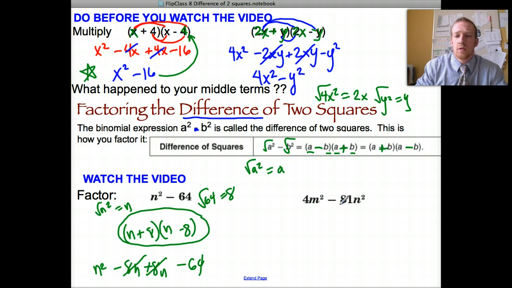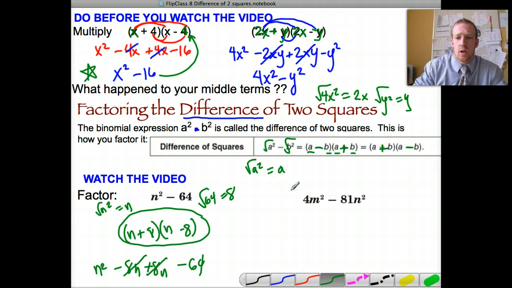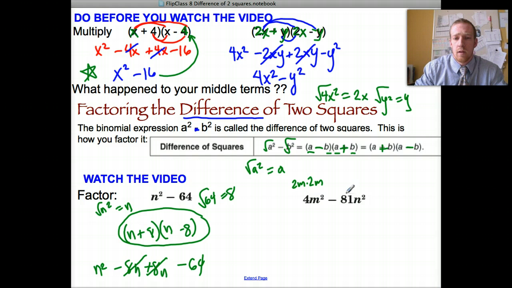So here, we have two perfect squares. What's the square root of 4m squared? That's just 2m, right? Because that's 2m times 2m. So the square root of 4m squared is 2m.